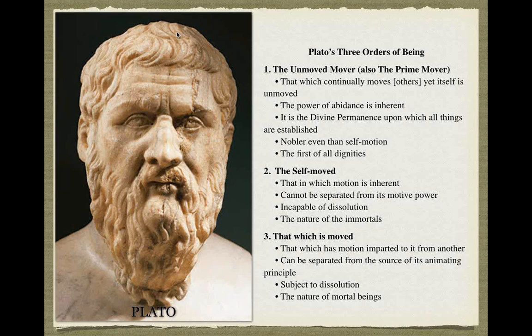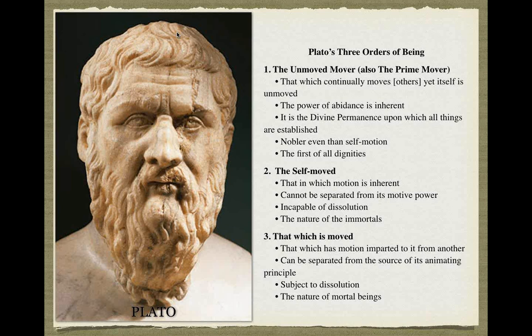So given that, stated in a way that uses mind in the place of motion, the first order of being, at the top there, which he describes as that which continually moves others, yet itself is unmoved. I added "others" because that's what he's talking about. That becomes the source of mind for others while itself remaining beyond mind, right?